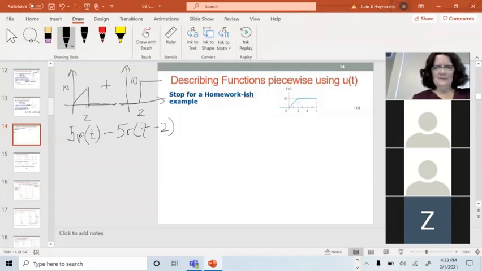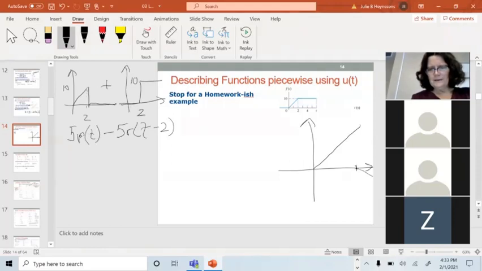So let's figure out what I just wrote. Here's 5R of t. 5R of t minus 2 would be like this. So we'd have to subtract off another 10. That would be this first piece of the graph.